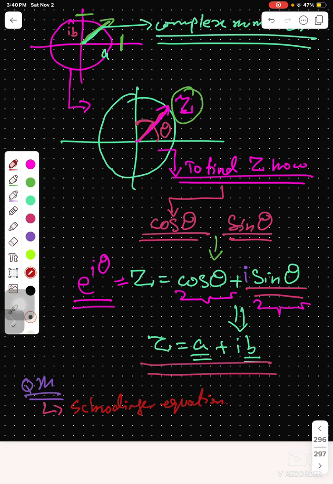So how, let me show you. i h bar d over dt of psi of x equals H psi. So here psi is actually a complex number, because we know that complex numbers are imaginary numbers.